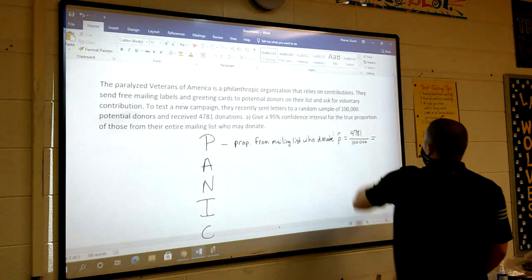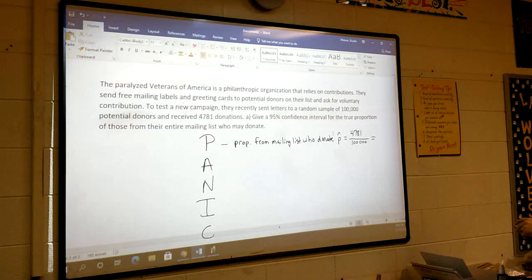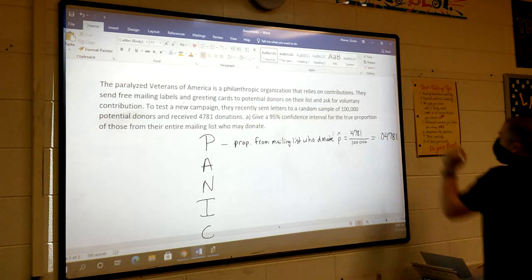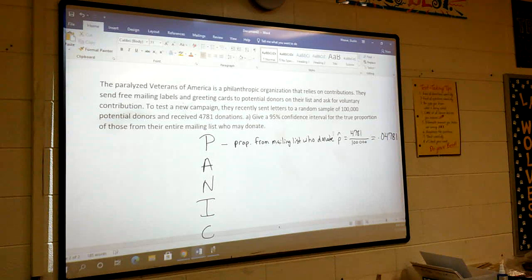And you should be able to figure out what that is. That would be 0.04781, a little under 5%. So that's our parameter of interest. That's what P stands for. What are you interested in and what do you know? That's what we know. That's what we're interested in.